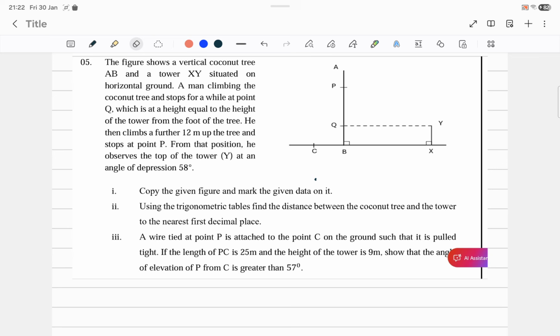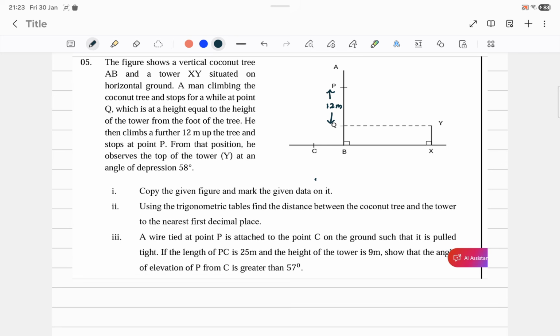From the foot of the tree, which is at height equal to the height of the tower from the foot of the tree, right? He then climbs a further 12 meters up the tree and stops at point P. So PQ is 12 meters.